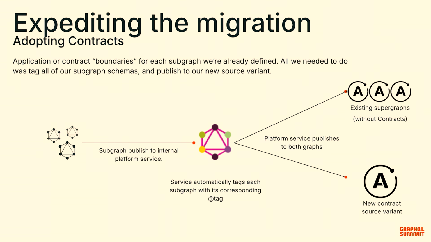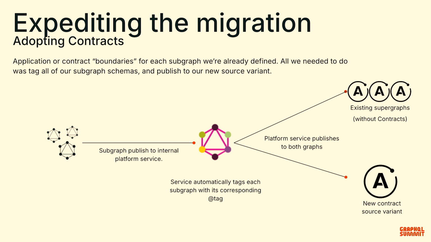And as I mentioned, because we already knew what subgraphs were contributing to the existing supergraph, we actually expedited that migration process by automatically applying the tag directives at the platform layer for each of those subgraphs. And after that, all we did was double publish to the old graph and the new graph behind the scenes. Migrating routers was actually really straightforward.